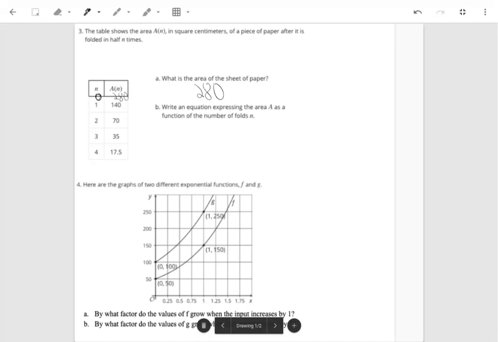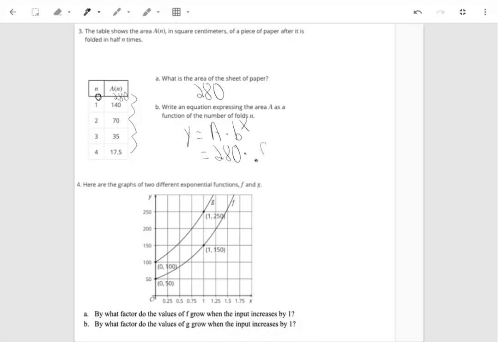Write an equation expressing the area A as a function of the number of folds n. Again, what's our initial value? We just found our initial value of 280. And what is the pattern as I move down the table? The area is halving as we move down, so my decay factor is going to be a half.